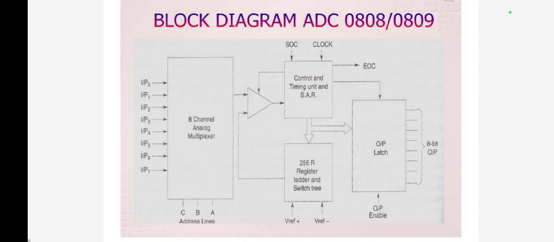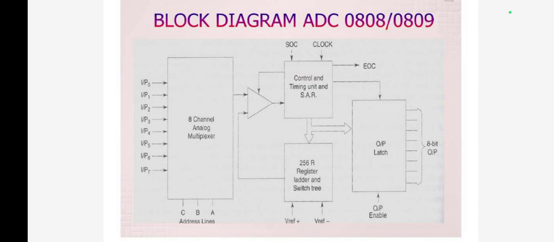The figure shows the block diagram of the analog to digital conversion process. This ADC is an 8-bit CMOS. It is very fast and the conversion time is 100 microseconds.